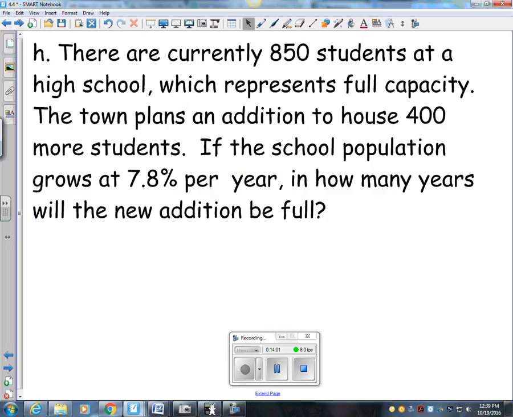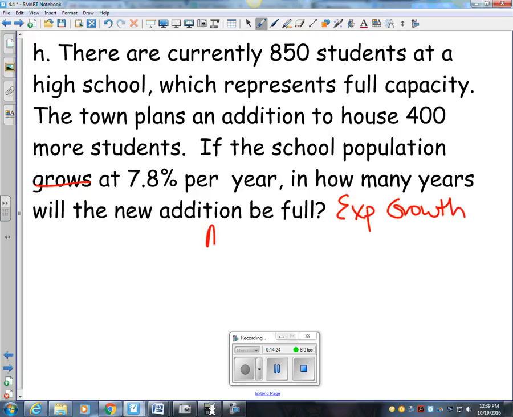All right, last one. There are currently 850 students at a high school, which represents full capacity. The town plans, in addition, to house 400 more students. If the school population grows at 7.8% per year, in how many years will the new addition be full? So it is growing. So that is exponential growth.